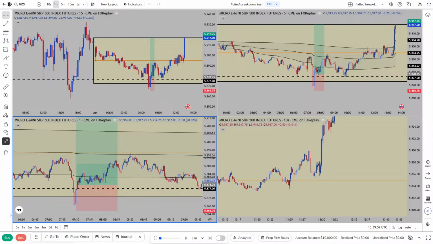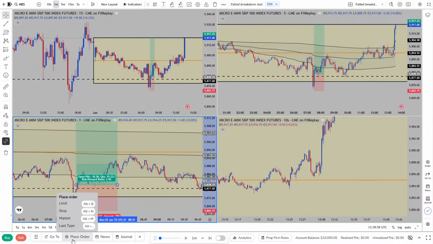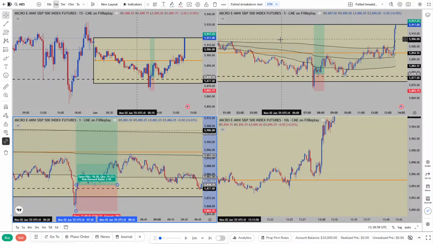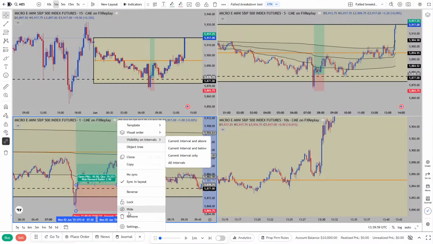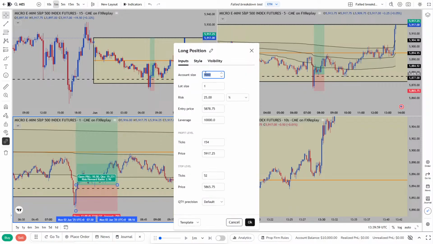So let's see now if we take this trade. Yeah, I can't estimate now the risk. I'm just gonna set now the parameters in here. So you can see, account size 1000, risk we want 2%.